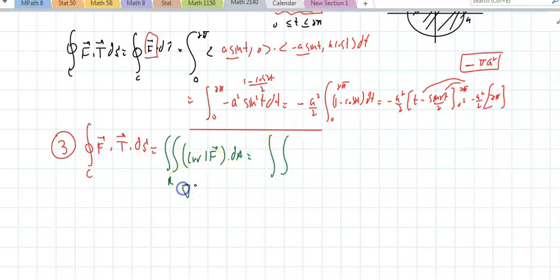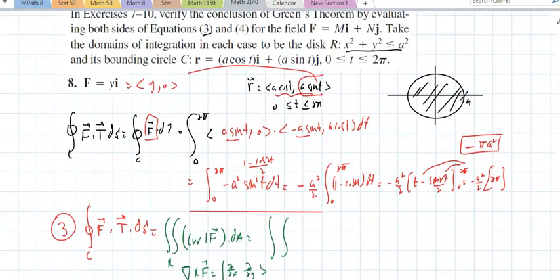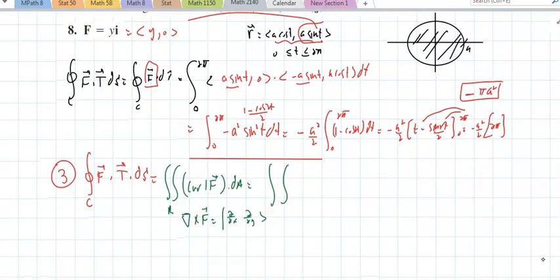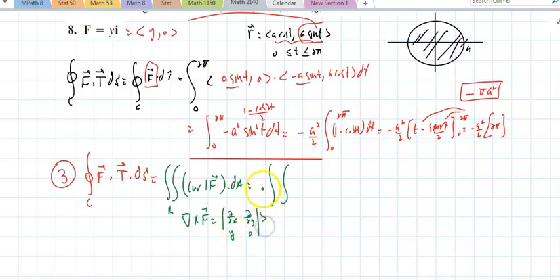What is del crossed with f? Wouldn't that be partial with respect to x, partial with respect to y, and f is y and 0? And that would be what?